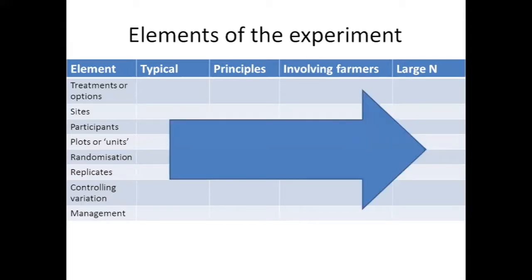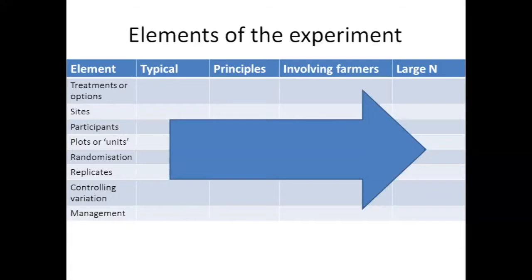So the recommendation was that we move from doing what we always do, things which come in that column called typical, to thinking through carefully why we're doing things and making choices which are appropriate for the new sort of experimentation we're doing, where farmers are more closely involved and where we're trying to work with a lot of farmers.